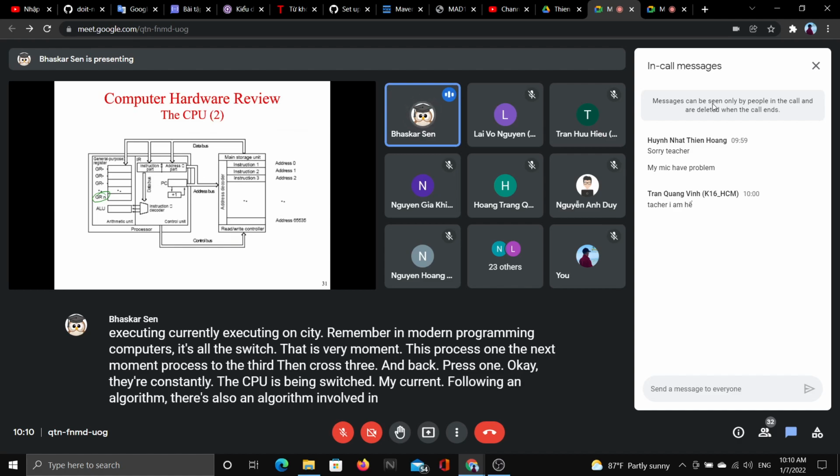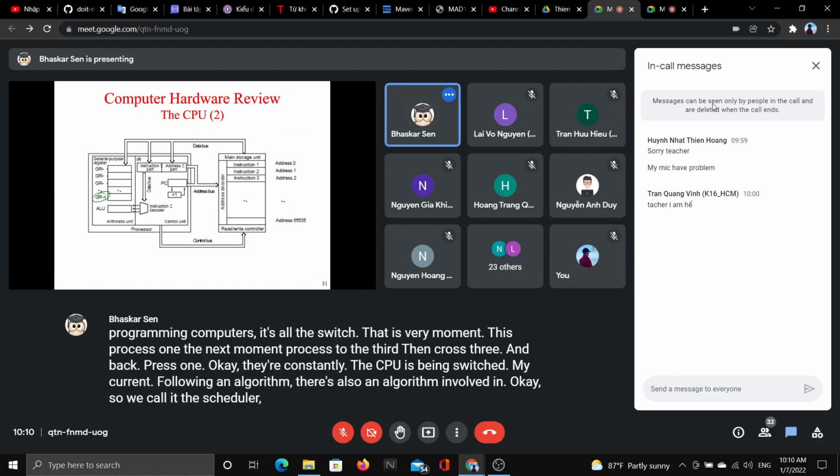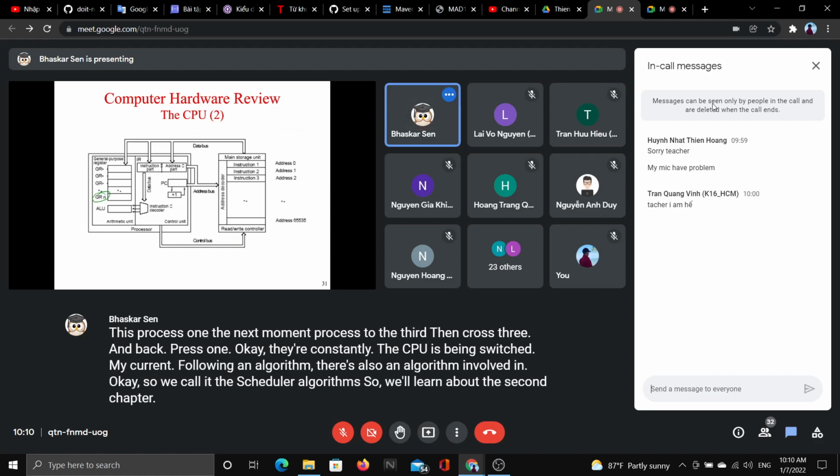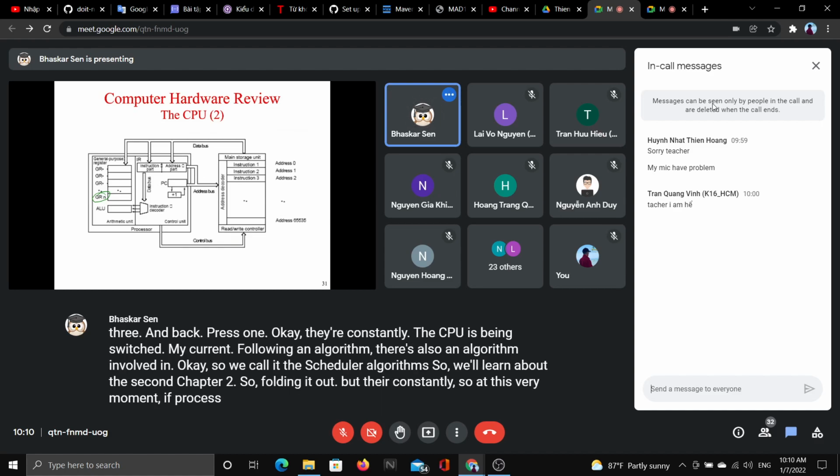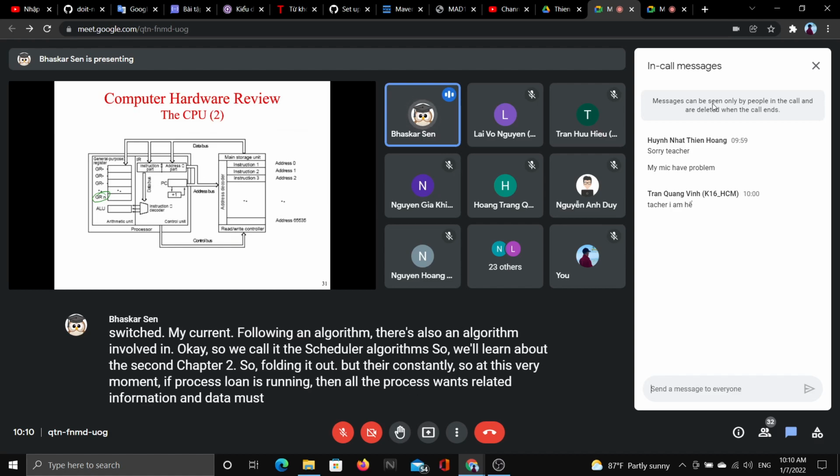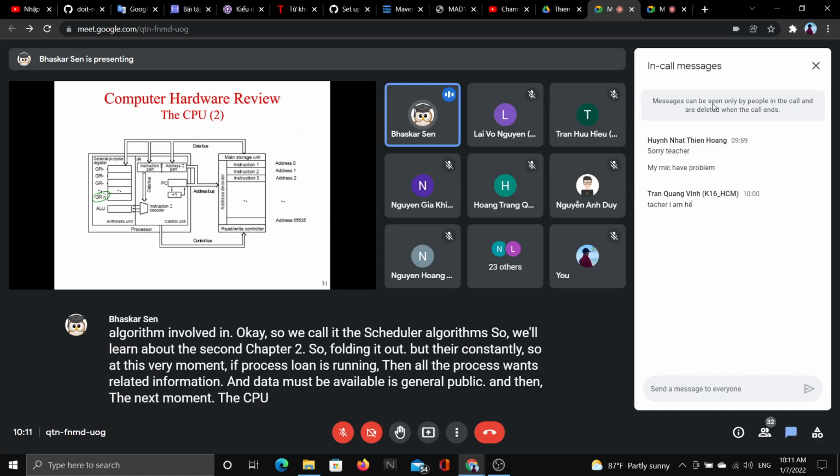We call it the scheduler algorithm, and we'll learn about it in chapter 2. So following an algorithm, they're constantly being switched. If process 1 is running at this moment, then all of process 1's related information and data must be available to these general purpose registers. Then the next moment, the CPU is switched to process 2.